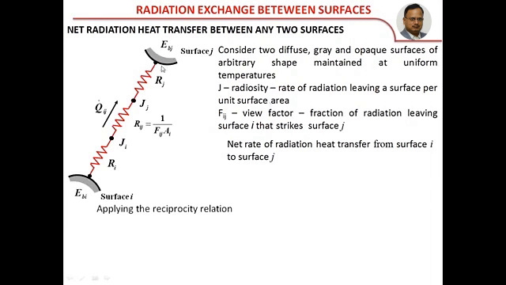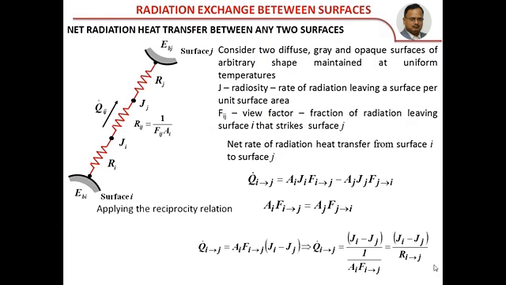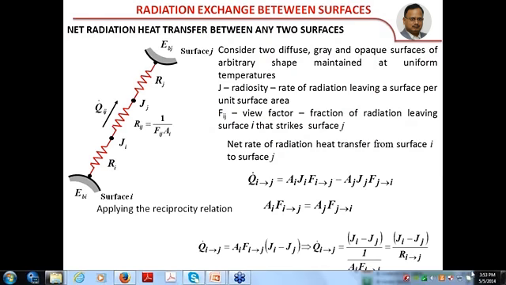Net radiation heat transfer from I to J is given by Ai Fi-j Ji minus Aj Fj-i Jj. According to the reciprocity relation, Ai Fi-j equals Aj Fj-i.